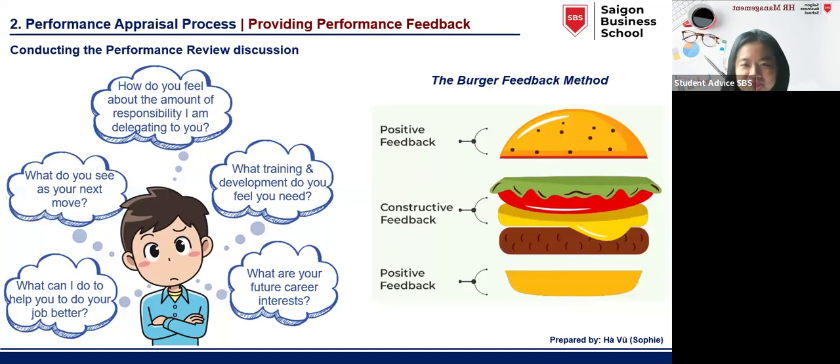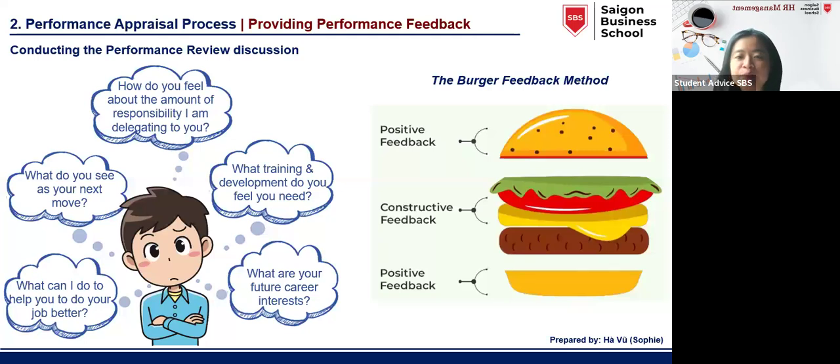Okay, so I remember that Mr. Elias had mentioned the keyword humor, being humorous when giving negative feedback. It is a very good way to share negative feedback with employees, soften the influence, and let them be more accepting of the suggestion, of the advice. And in theory, from the research, there is another method in addition to using humor when giving negative feedback.